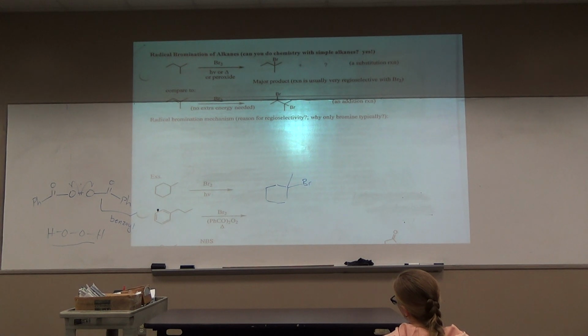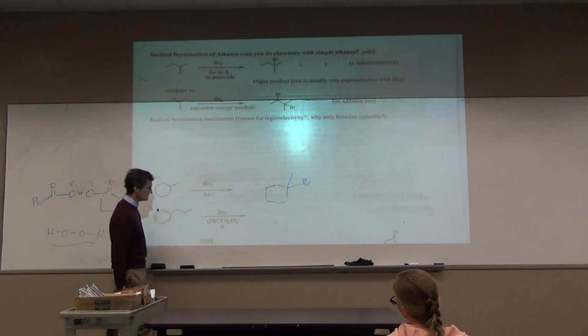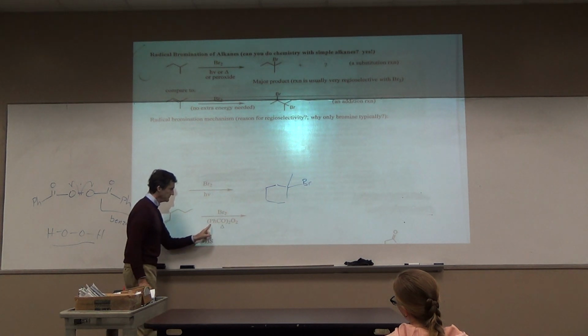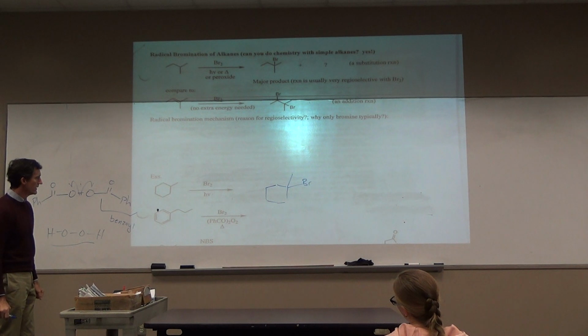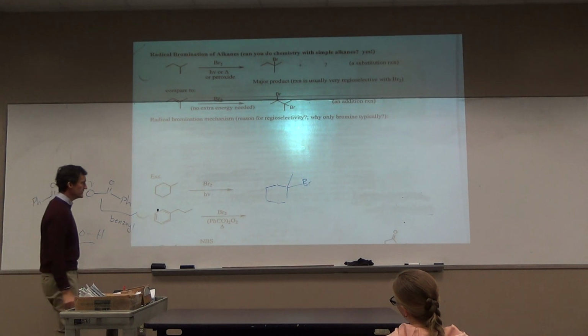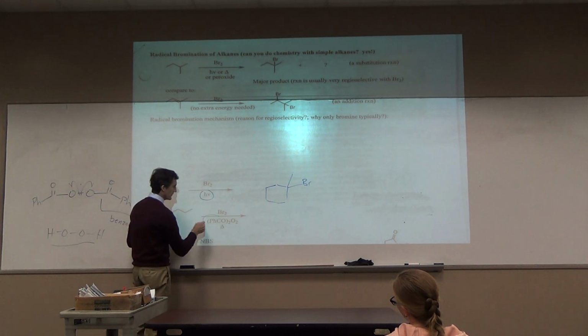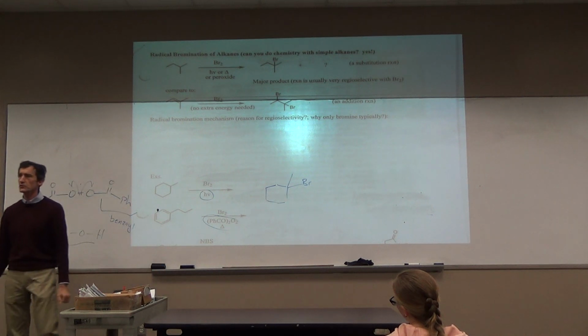It's an alternative to light to get the bromine to become radicals. I'm not going to go into mechanistic details, but it's a radical initiator used in these reactions. Your textbook will probably give you more background on that. Basically, when you see either light or peroxide, you know you're doing a radical reaction.